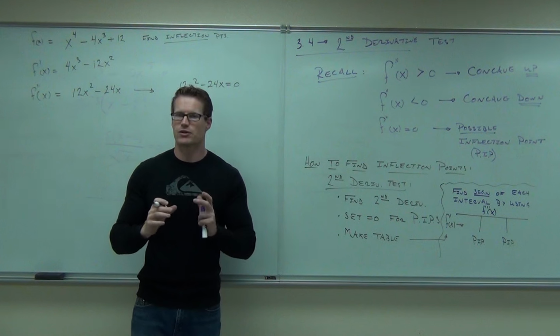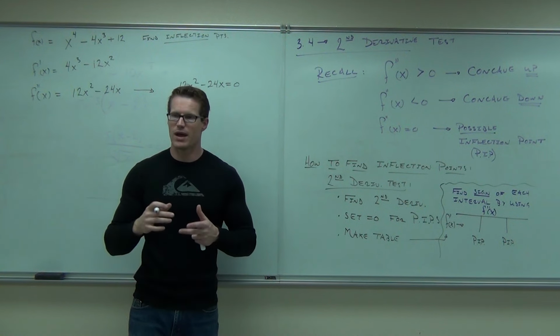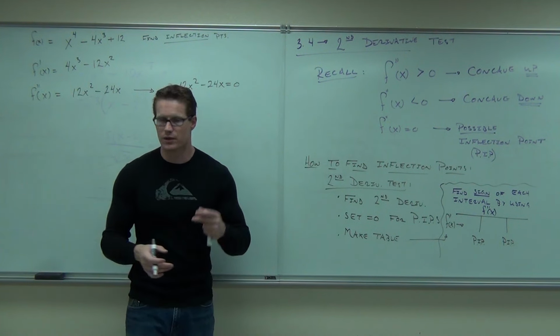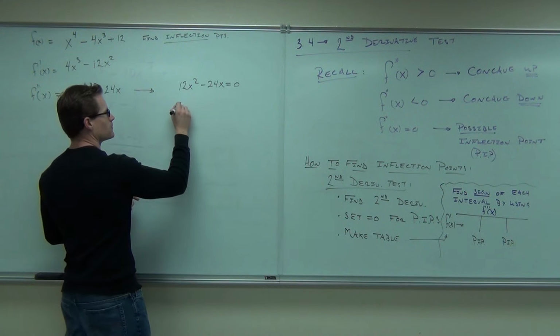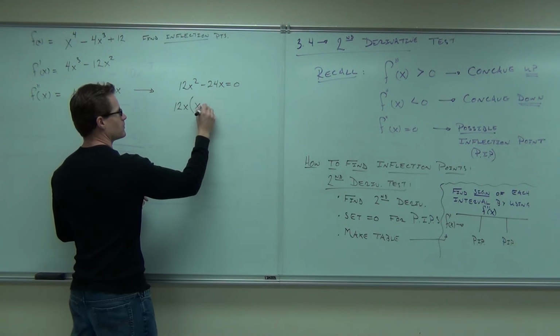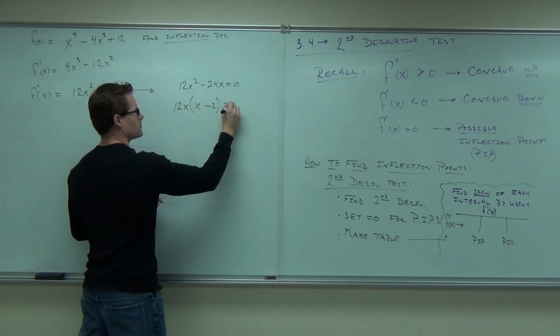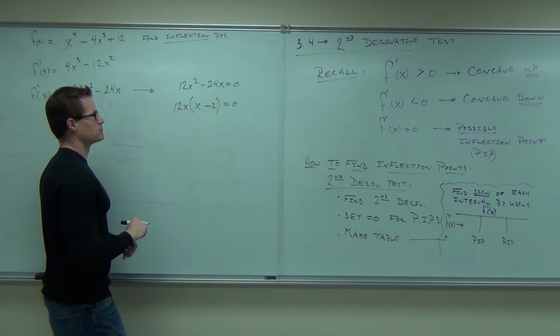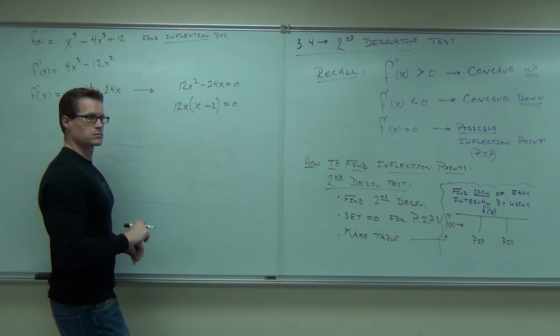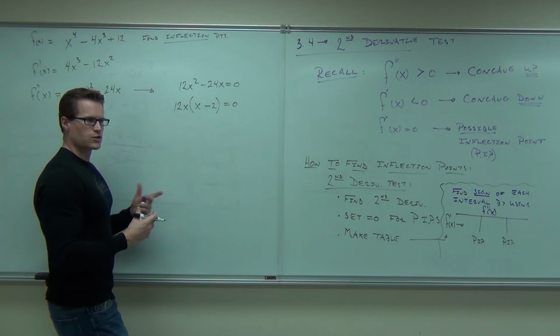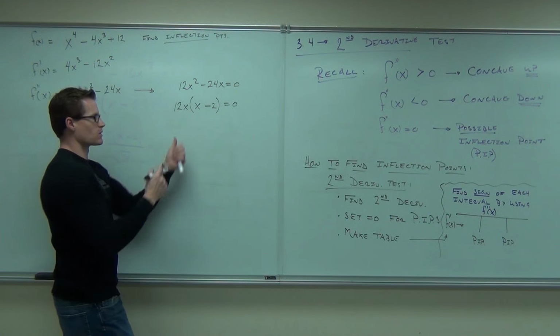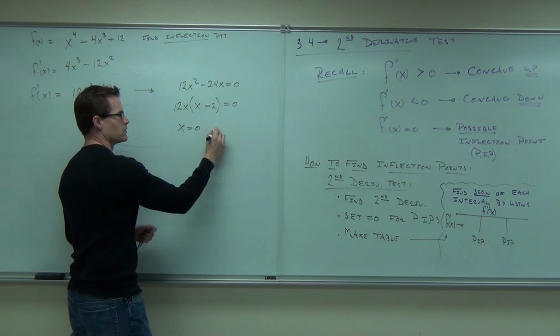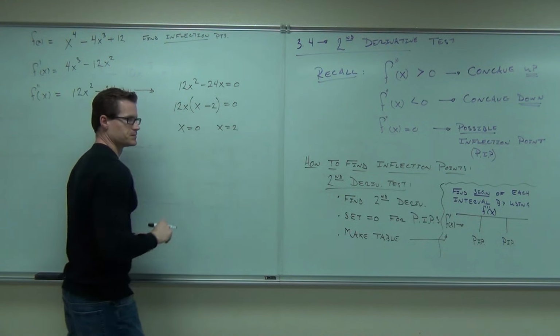That means it doesn't have a concavity. That's going to give you every possible inflection point. How many possible inflection points do we get? Not just one, right? You also have that 0. So x equals 0, x equals 2.